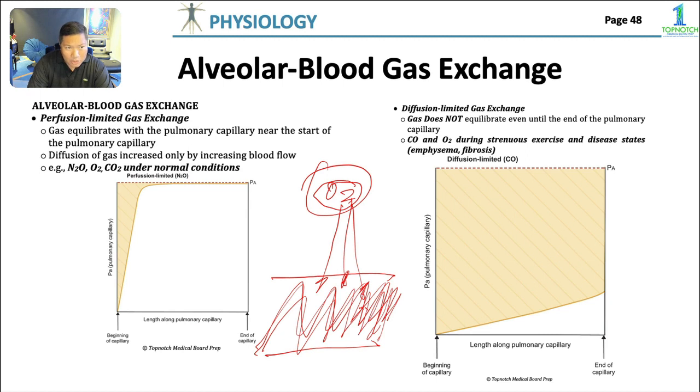Your blood supply has increased during exercise. You are now diffusion limited, or what we call gas limited. You're limited by the inherent characteristic of the gas. Analogy: during exercise, it's like you now have 1,000 jeepneys.